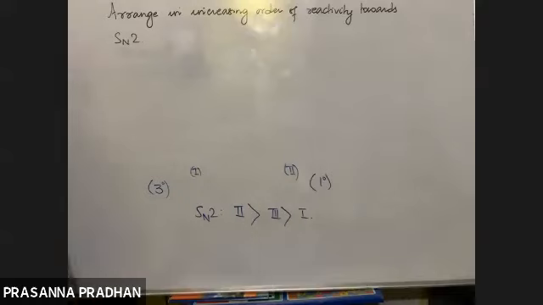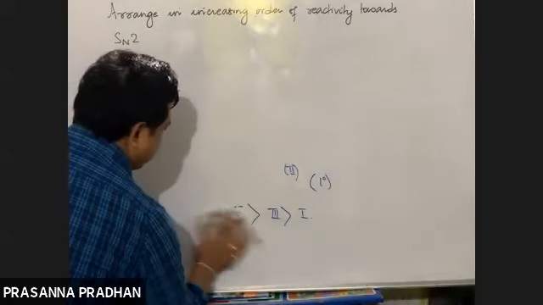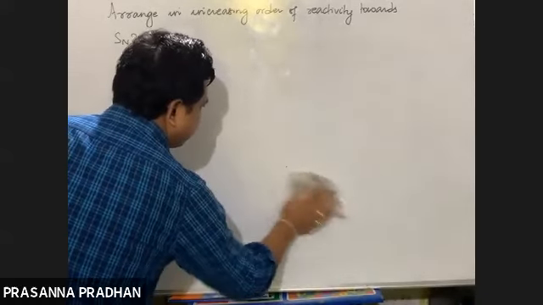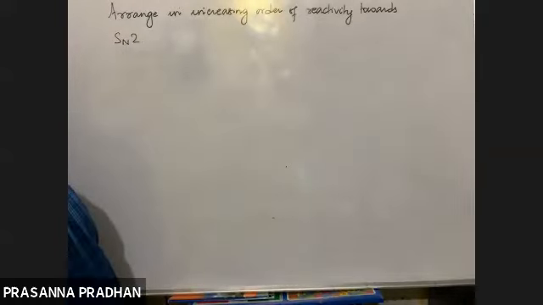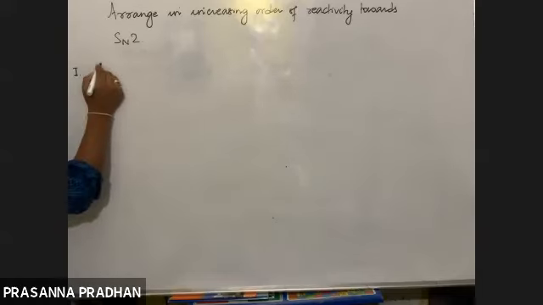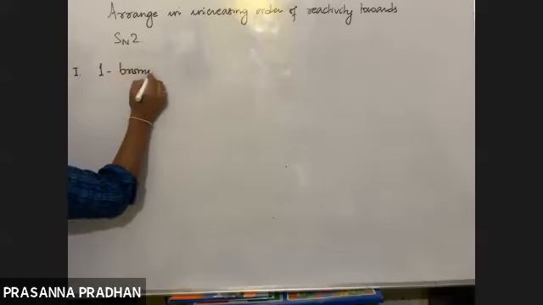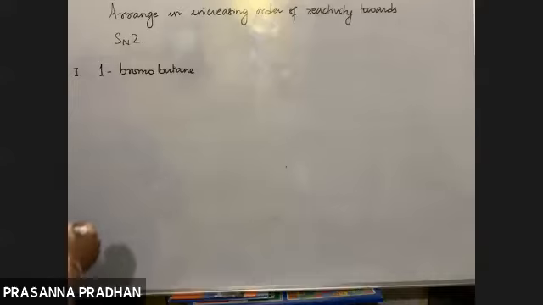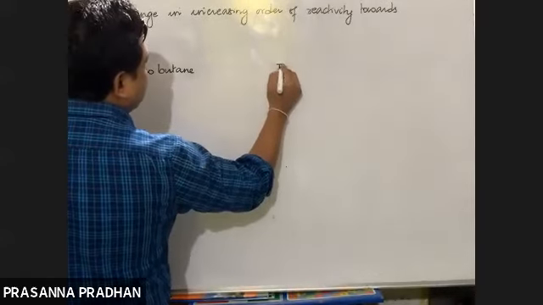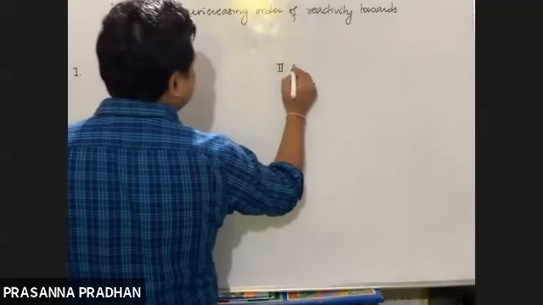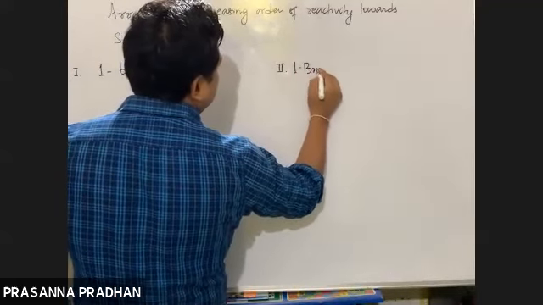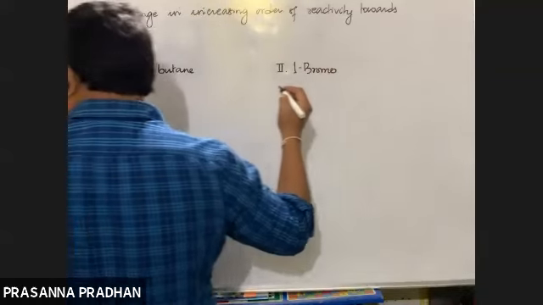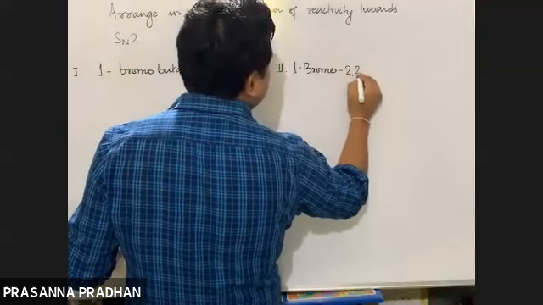So I'm going to give you another question. Let us solve this and then move towards the next topic. Number 1 is 1 bromobutane. The second one is 1 bromo, 2, 2 dimethyl propane.